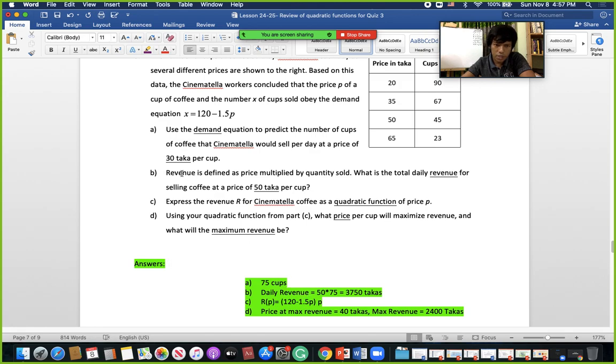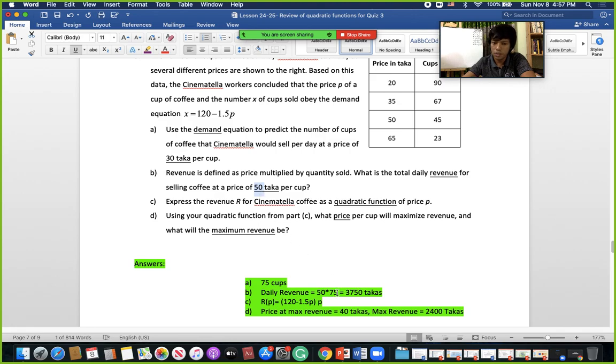And the second question is, the revenue is defined as price multiplied by quantity sold. Then revenue for selling at 50 taka per cup. What is the total daily revenue? Daily means in one day what will be their revenue. So already we know that in one day they sell 75 cups of coffee, and one cup of coffee is 50 taka.